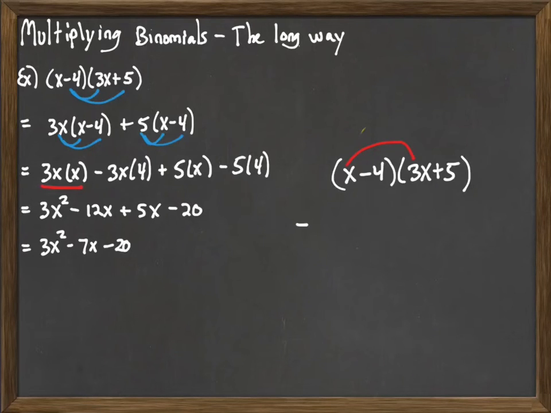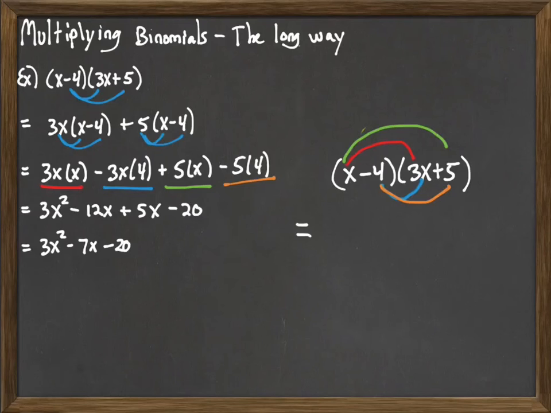The next thing we have here is 3x times 4. Well, the 3x and the 4 came about from multiplying those two things. And then we have a 5 and an x. So I'll mark that in green. That's just the x and the 5 being multiplied. And finally, I have a 5 and a 4. And that came about from multiplying the 5 and the 4 together.